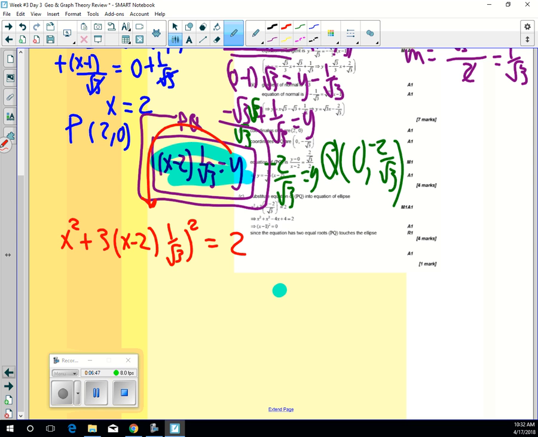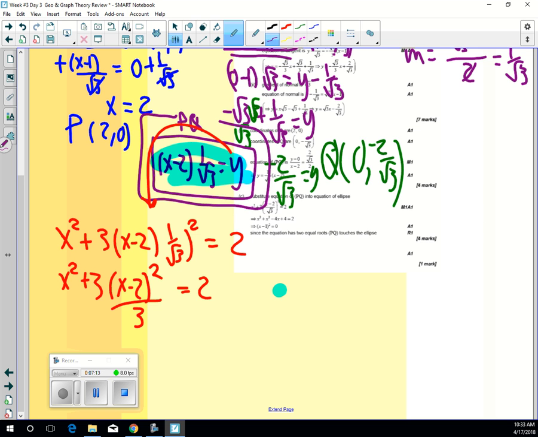I got a positive slope for that one. It won't matter because you're going to square it, but was it negative? Okay. Now let's square this, and you're going to get x squared plus 3 times (x minus 2) squared over the square root of 3 squared, which is 3. What happens to the 3's?